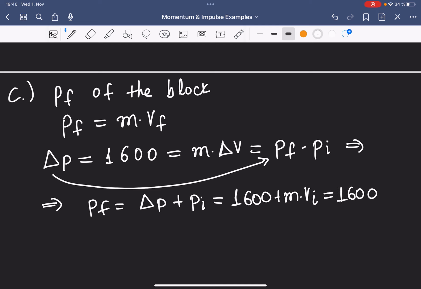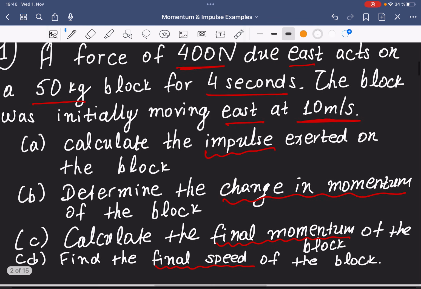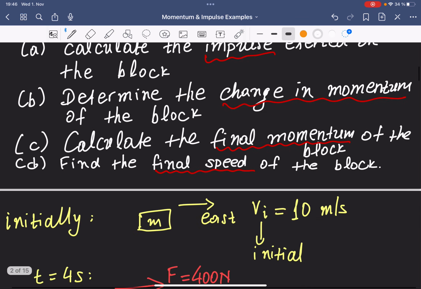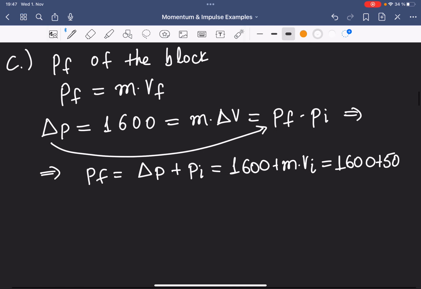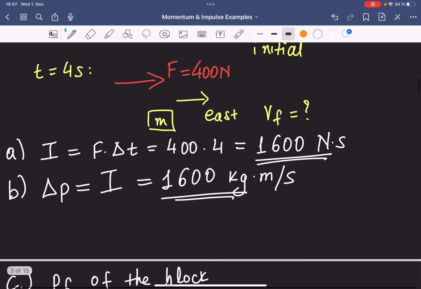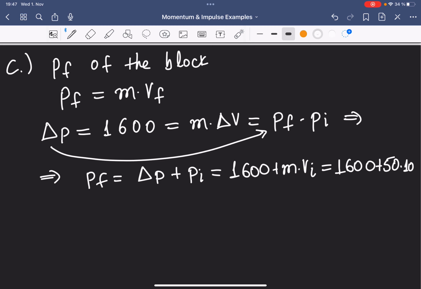So this one is going to be, the mass was 50 kilograms times the velocity was 10 meters per second.